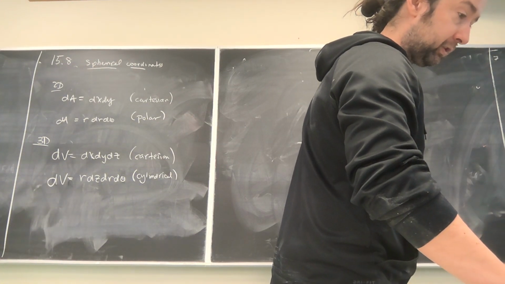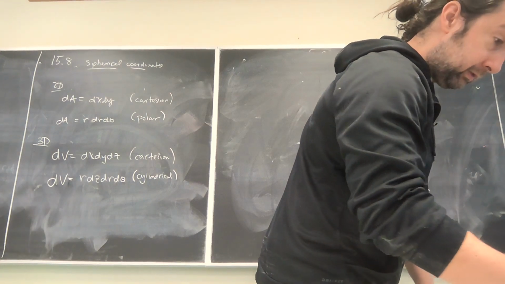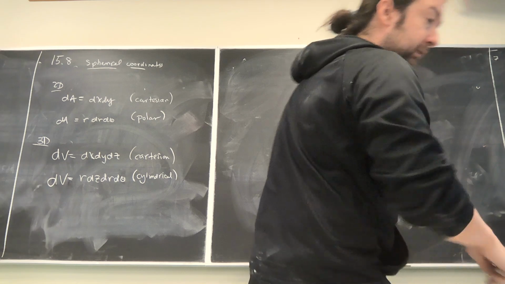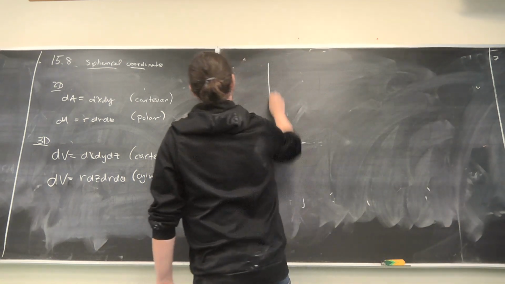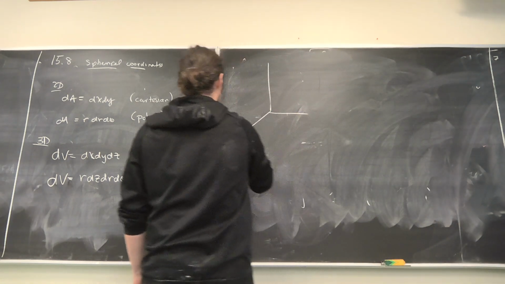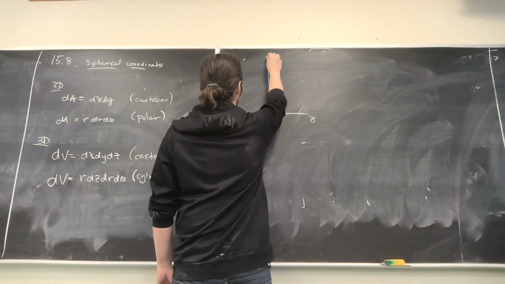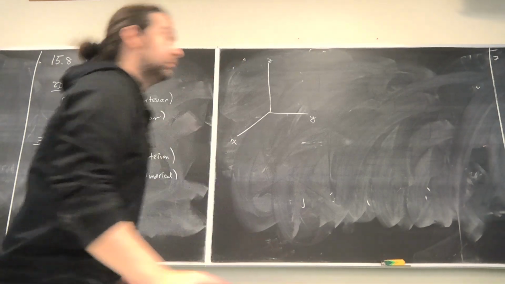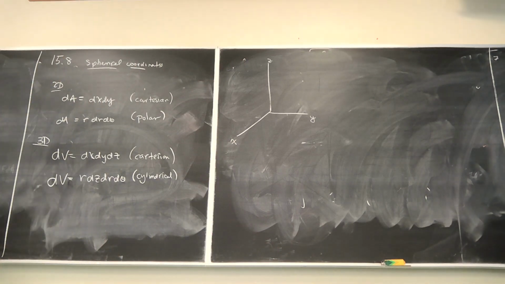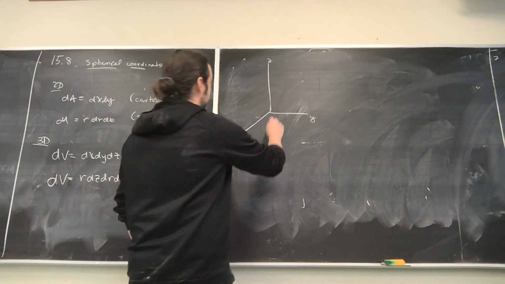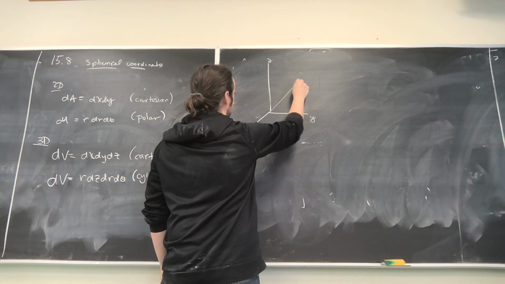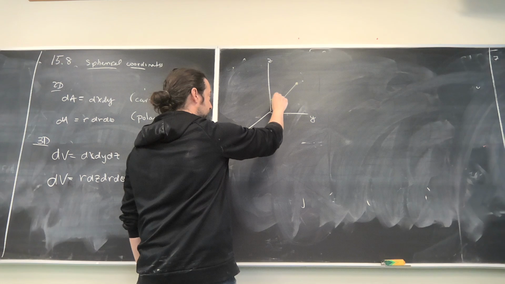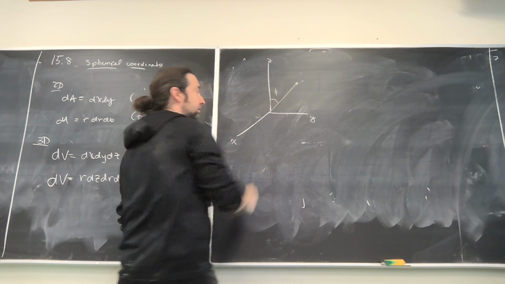In the spherical coordinate change, the way we measure is like this. So we have our x, y, z axes. We measure two angles and a radius to locate our points. So if you have a point in space, the angle measured to that ray from the z-axis is the angle phi.